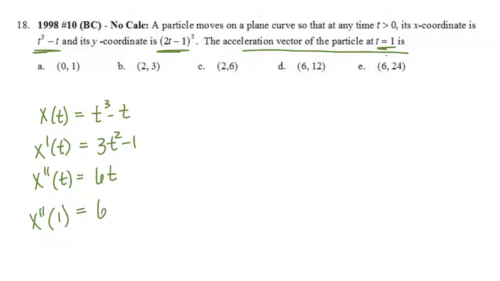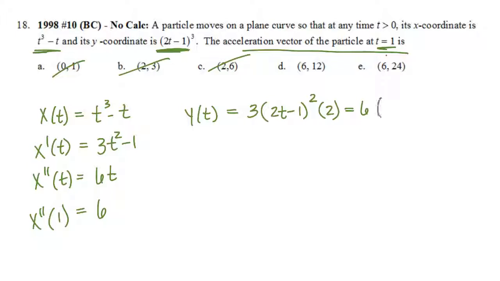And we need that acceleration at time 1. And so I know the x-coordinate portion of this vector should be 6. So that's going to get rid of all of those answer choices. And so now let's talk about the y position. You're going to need chain rule there. So that's going to be 3 times 2t minus 1 squared times 2. And so that's going to give us 6 times 2t minus 1 squared.